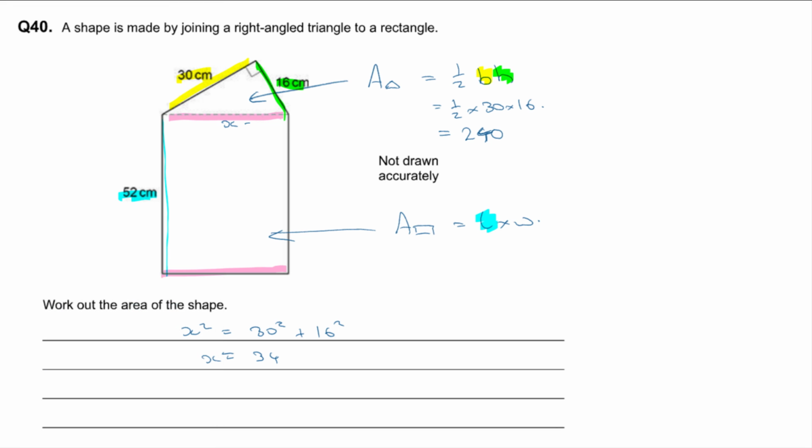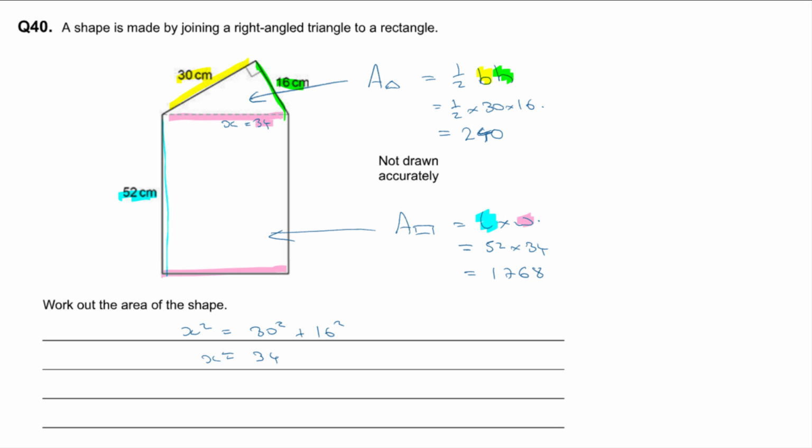So that means that side there must be 34. And now I can work out the area of the rectangle. So the area of the rectangle is going to be 52 times the width, which we just worked out to be 34. Okay, so 52 times 34 into my calculator, that comes out to be 1,768.